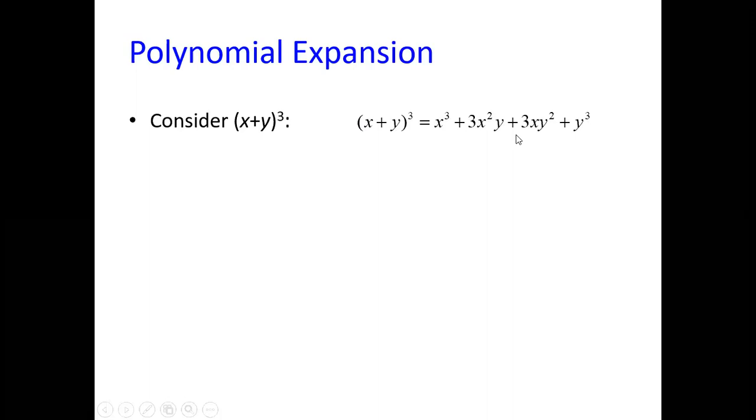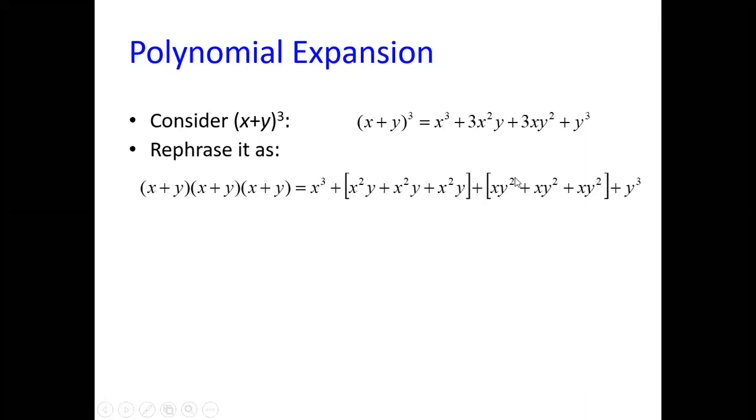Okay? Now we want to calculate the coefficient. Here we have 1, 3, 3, 1, for each term. We have 4 terms. What is the coefficient for each term? Okay.